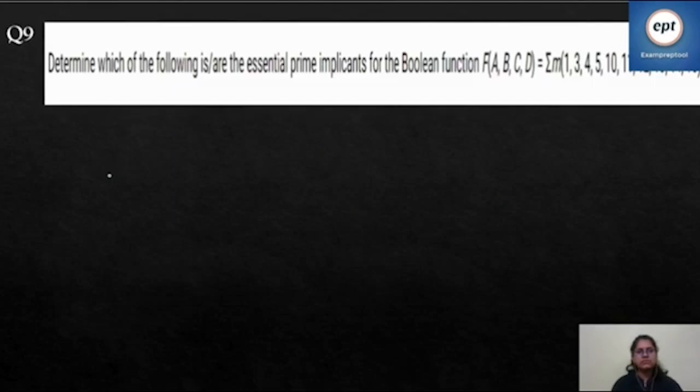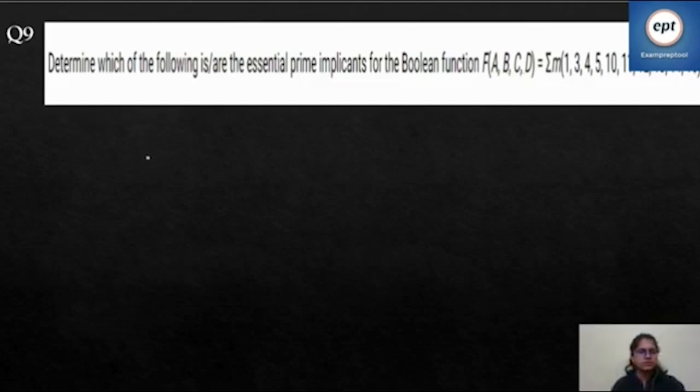Okay, so let's see the question. Determine which of the following are the essential prime implicants for the Boolean function of A, B, C, D, with the minterms given here as follows.